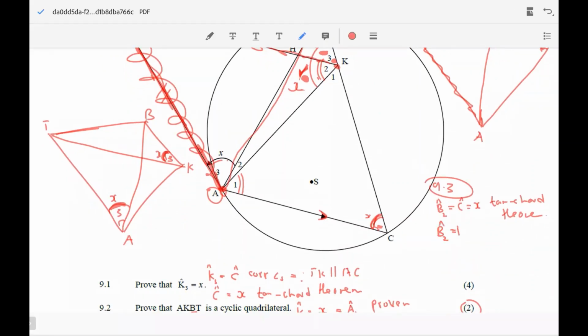And you can now see that our K2 is indeed equal to X, K3 equal to X. So therefore, TK indeed bisects angle AKB.